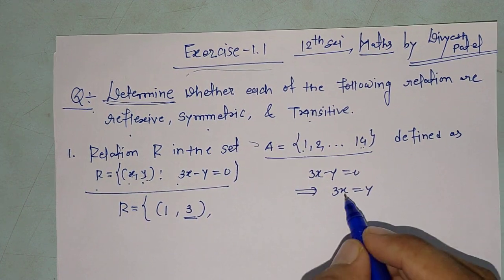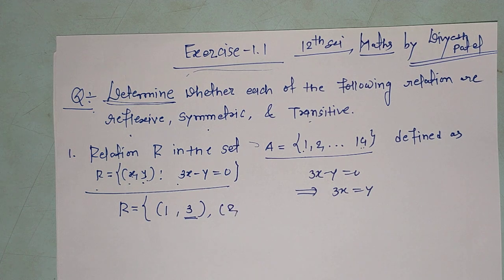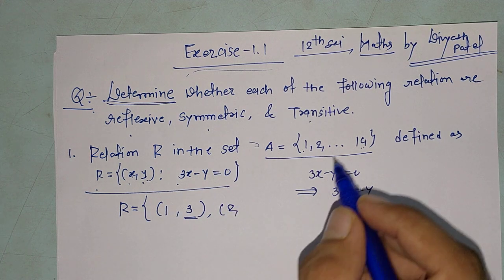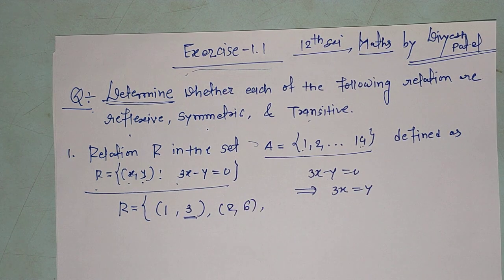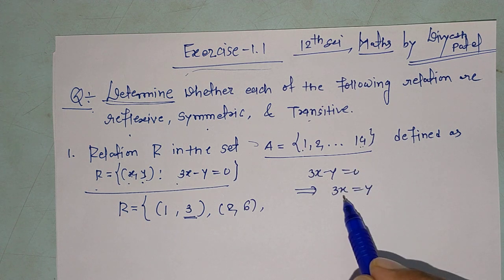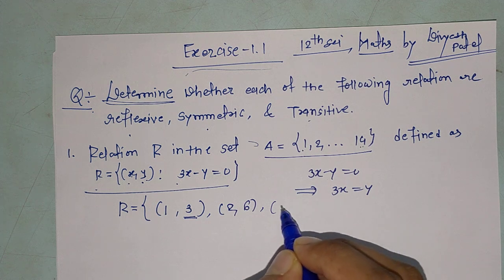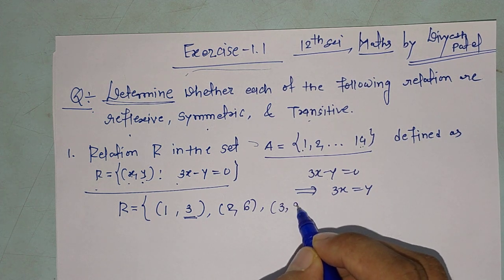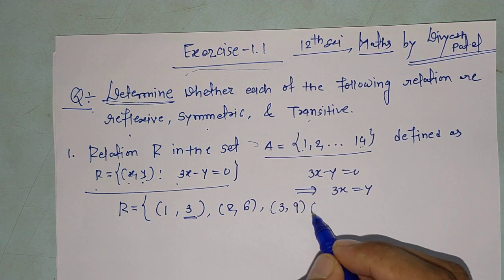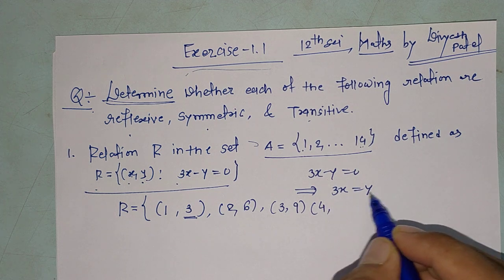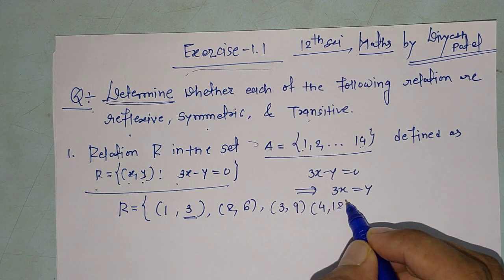I guess yes. If I put x equals 2, y equals 6, which is in the set. Be careful, y and x both must be in the set. If I take x equals 3, y equals 9, which is in the set. If I take x equals 4, y equals 12, which is in the set.